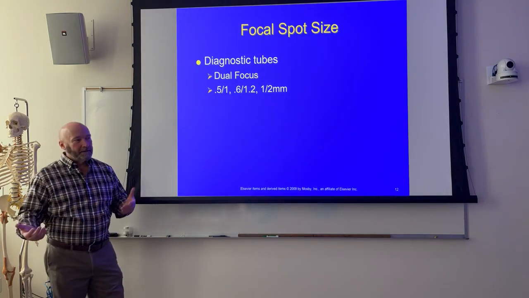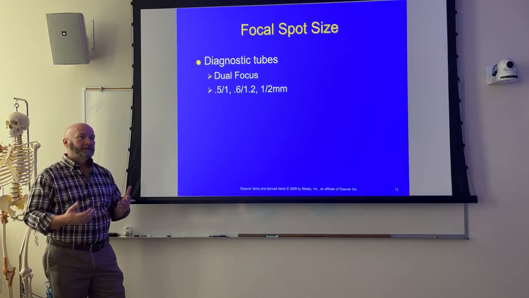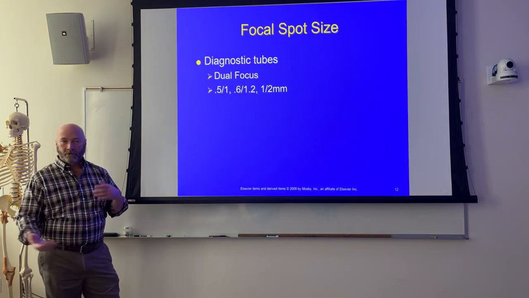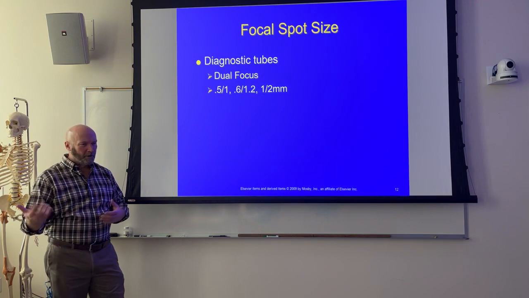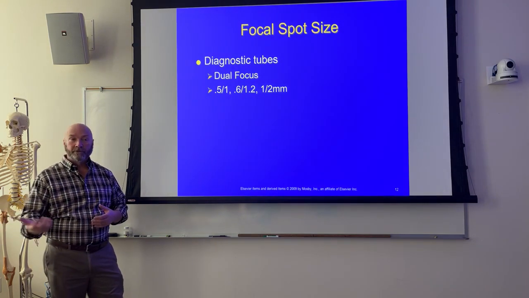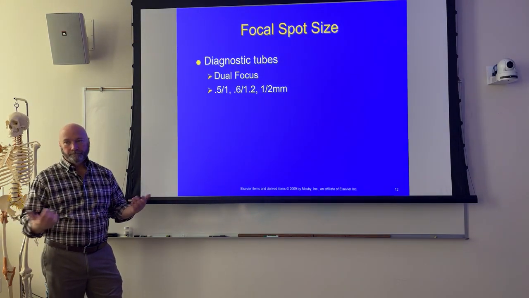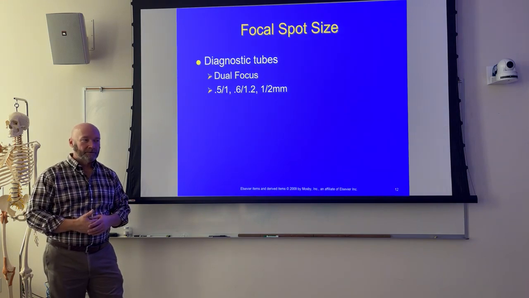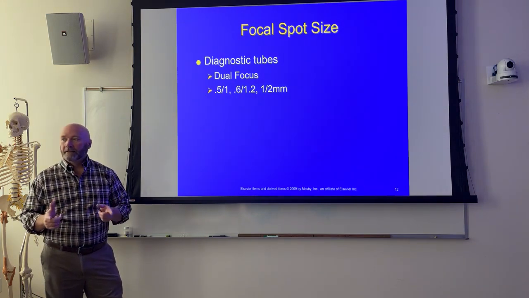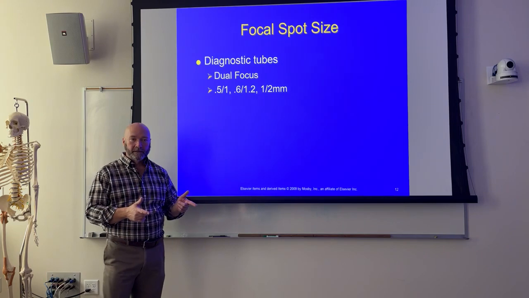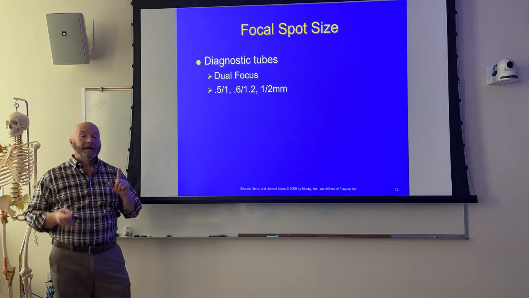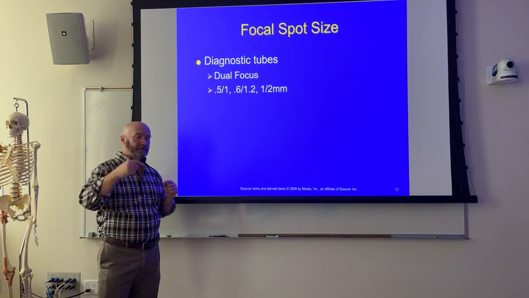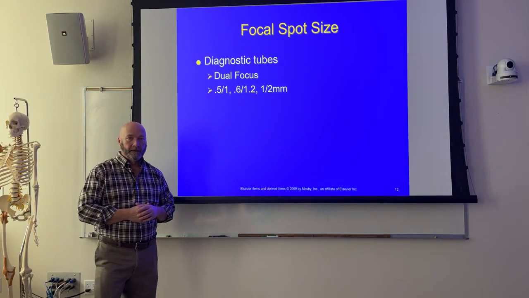So on the test questions, generally what I'm looking for is one of two things. Will the machine let you make that exposure? If you're looking at small focal spot and you're looking at 400 MA, you're out of luck. You're just not going to make that exposure. But if the machine will allow you to make the exposure, should there be a difference between large and small focal spot, in as much as exposure to the image receptor of the patient?